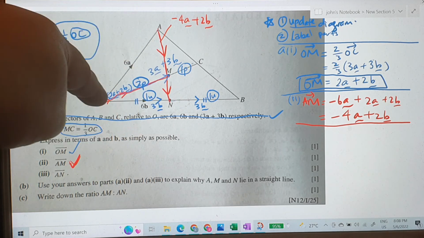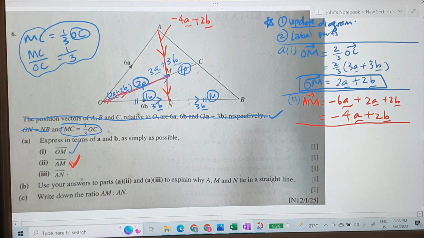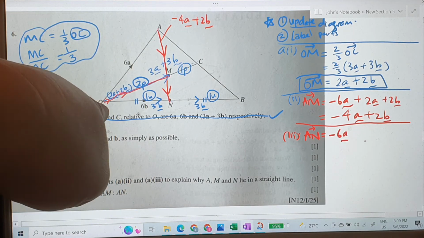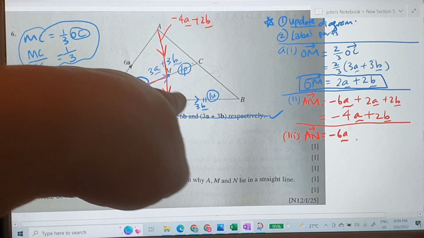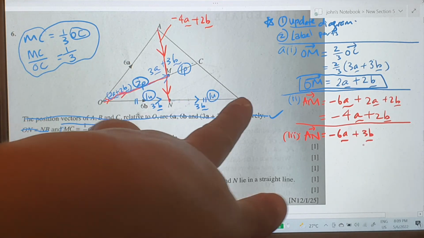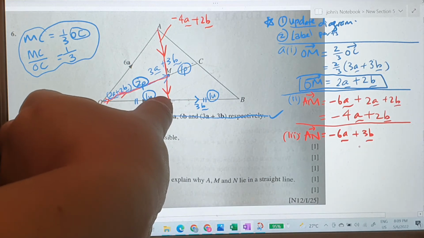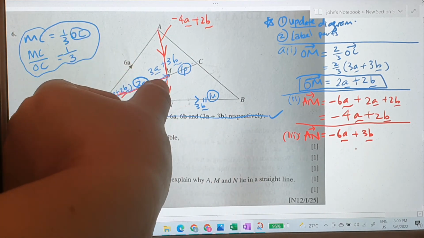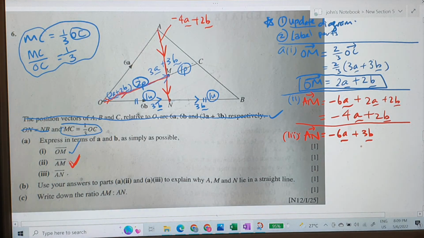Okay, but because you are going in the opposite direction, for AN you write minus 6a, then plus 3b. Now you know how important it is to label the parts and not the whole thing, so that very quickly you can see, this 3b, this 3b, and then what is this, what is this, you see. So that's the reason why.